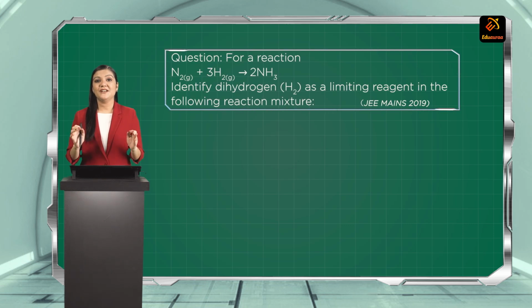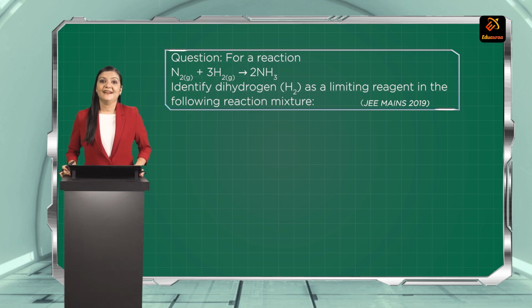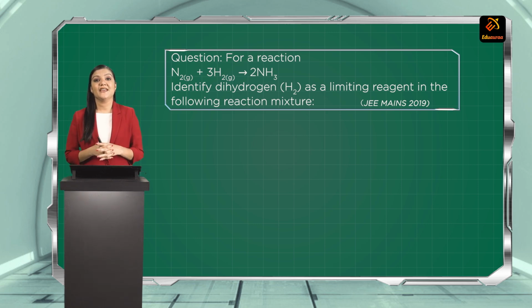Let's see the next question. And the question is, for a reaction N2 plus 3 moles of H2 gives 2 moles of NH3, identify dihydrogen, that is H2, as limiting reagent in the following reaction mixtures. This question was asked in JEE Mains 2019.